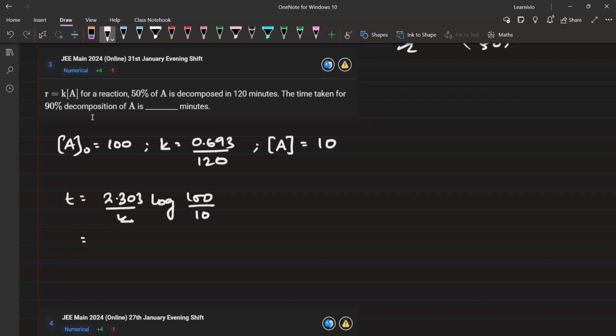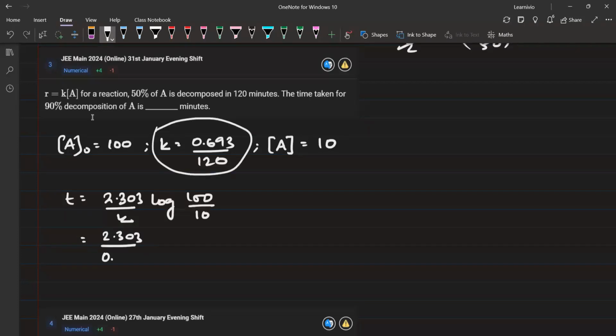Now, this is equal to 2.303 divided by K, where K is 0.693 divided by 120. Here T half is 120 for 50%. So this is T half here.